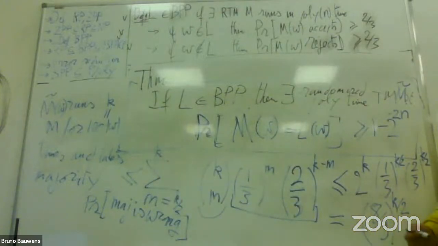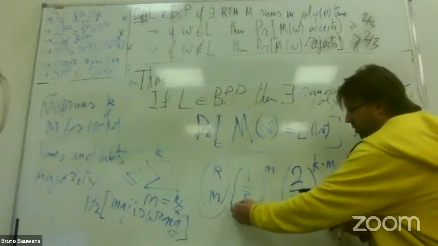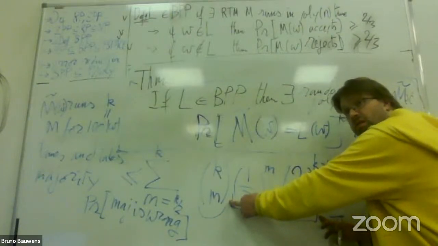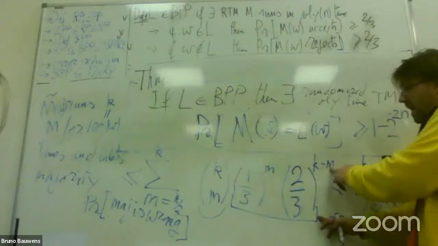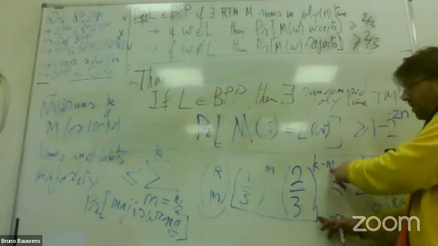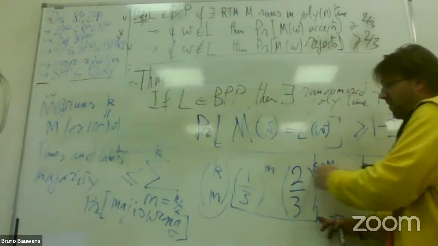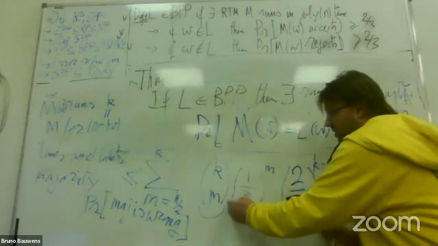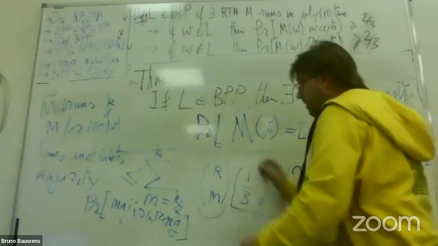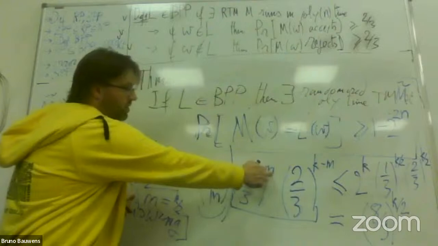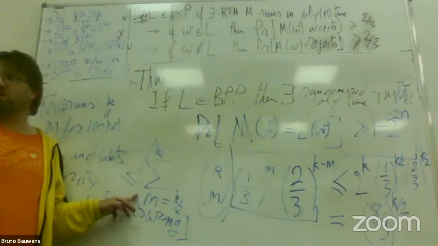So what we do is we look at the worst case factor in front of the binomial coefficient. So this happens for m equal to k/2. Then we have these two numbers with k/2. So this is the worst case, this part, and then we put the bracket here after we choose m, the worst case value.